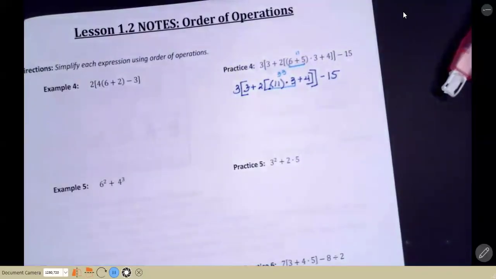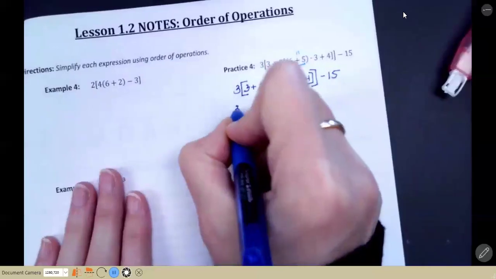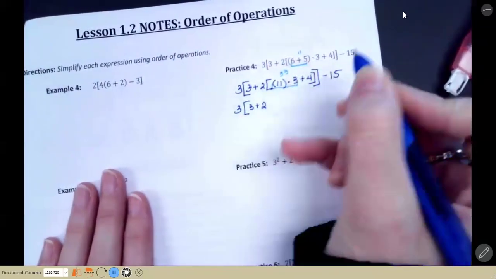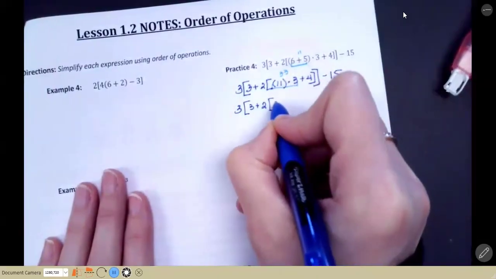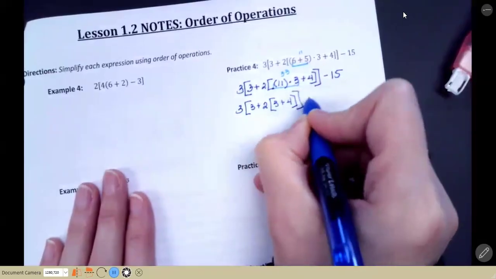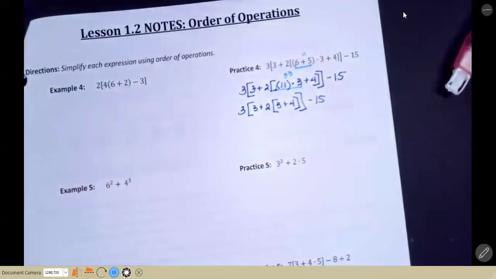I know you're thinking, I know that 33 plus 4 is 37, can I just write that? No, you may not. If you want to get full credit, do all of your steps. So 3 times 2, and then in your bracket, you'll have 33 plus 4 minus 15. Do you see what's going on here? Is this confusing? A little bit, yeah, because of all the brackets you're dealing with.